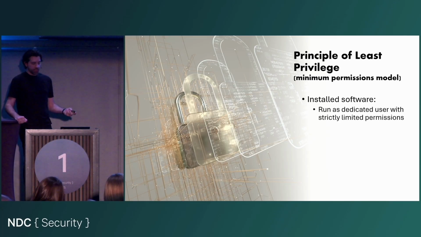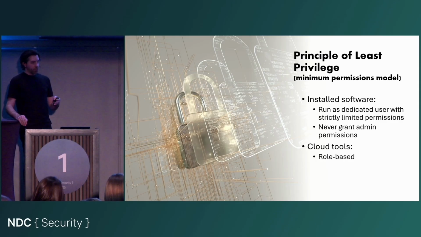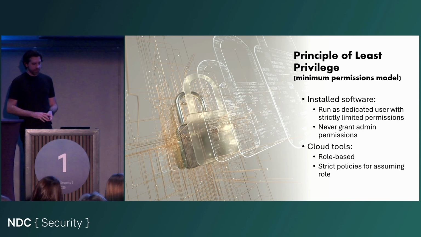So when your software is installed, you want to run it as a dedicated user with strictly limited permissions, not as root, okay? And yeah, for cloud tools, we want to go with role-based authentication as much as we can, so that it is limited to a specific role with very specific tasks, and very strict policies for being able to assume those roles. Wherever possible, keep it all read-only and not write access.